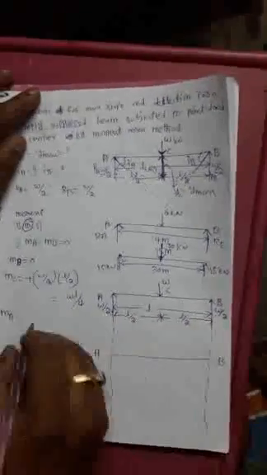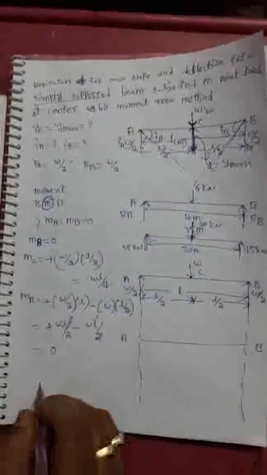First for the reaction, force into distance: the upward force is plus W by 2, and the distance from B to A is L. Next, the load at C is downward, minus W, with distance L by 2, so minus WL by 2. The L by 2 cancels, so the answer is 0. So the moment at A is 0 and the moment at B is 0, but the moment at C is maximum.